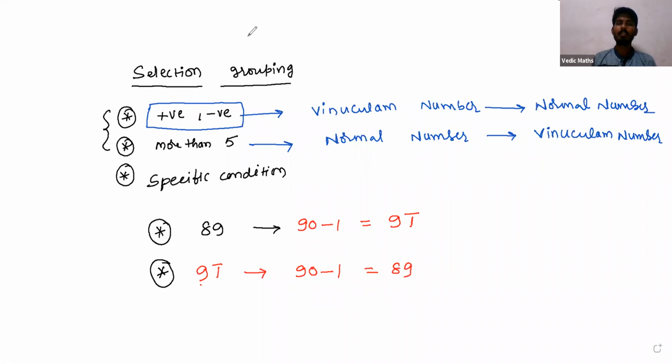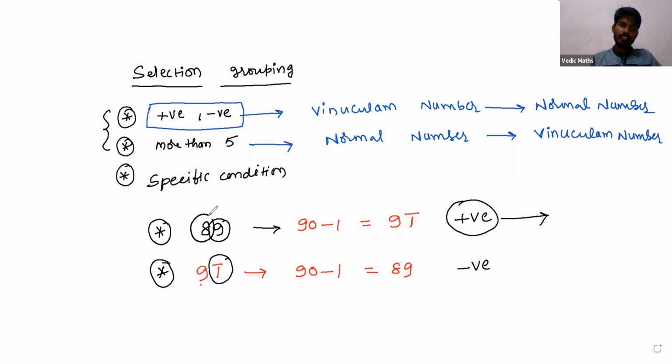That means here you can see, the point is what I'm going to elaborate here. Suppose you are converting a positive digit, and here you are converting into the negative digit. So when you are selecting a positive digit, the penultimate digit is increased by 1.